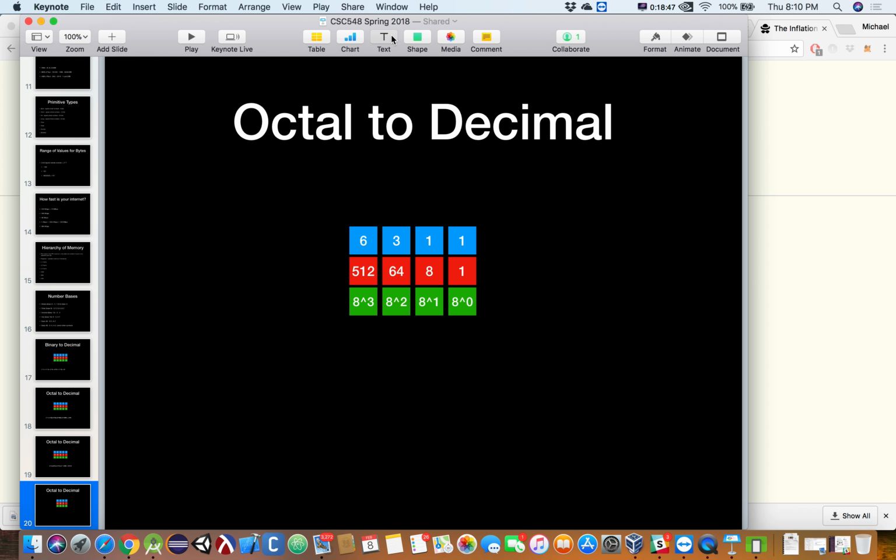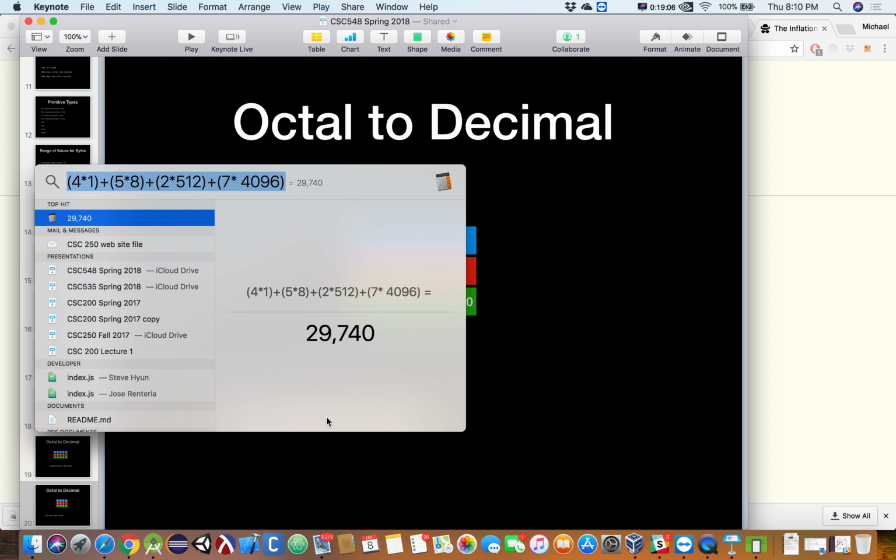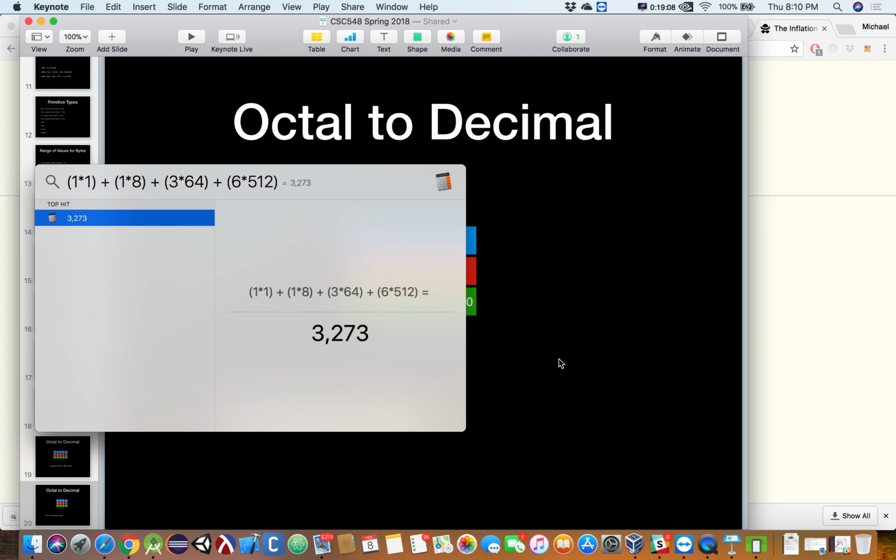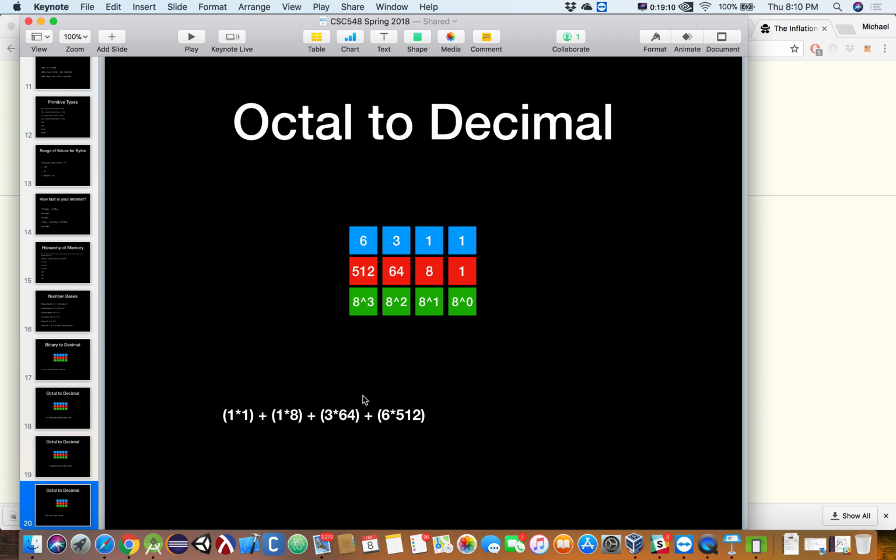All right, so this one is 1 times 1 plus 1 times 8 plus 3 times 64 plus 6 times 512. So that's 3,273. All right, everybody got that value?